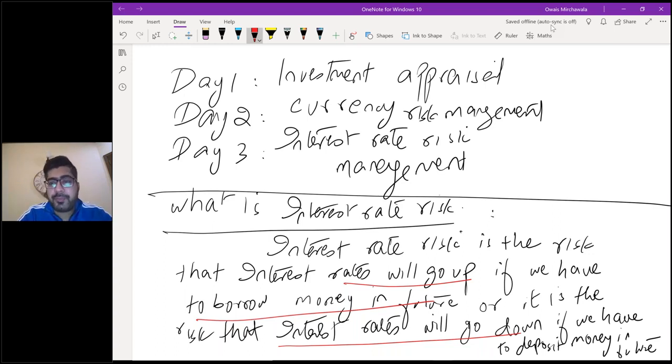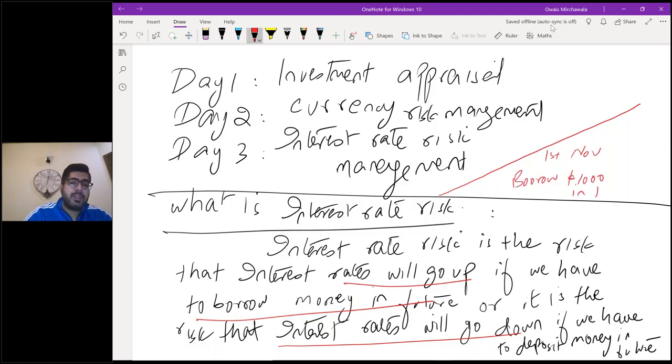For example, today is 1st November and you plan to borrow money from the bank in January. You would always have this fear in mind that till January the interest rates may go up. That is what interest rate risk is.